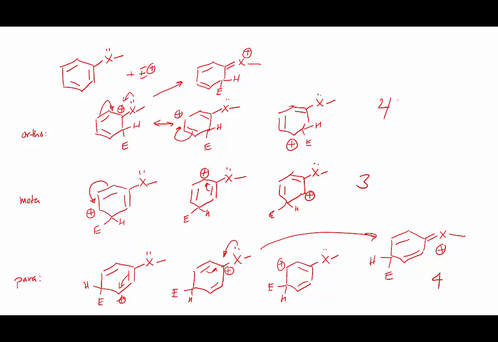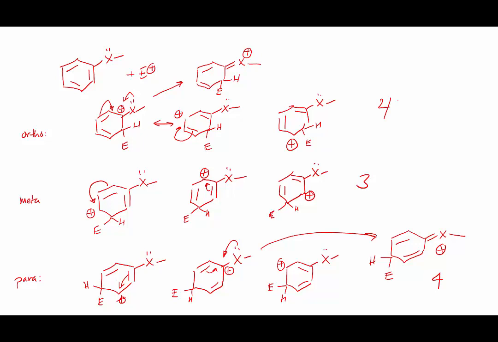Betty? I'm confused with X. Like you're adding a halogen with that. No. X is any group with a lone pair, and actually it could be a halogen.